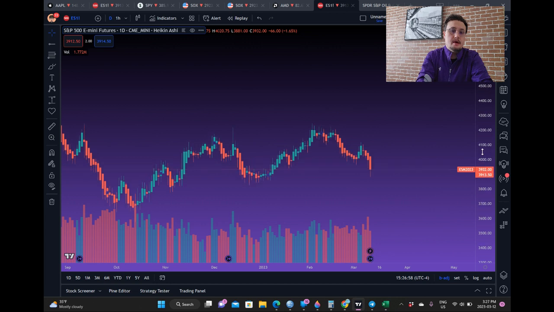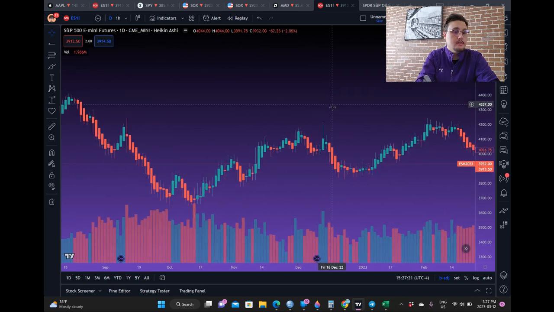Now, if you remember in the previous video, this is a really important point when you're applying this practice. Remember that the start of an uptrend is two flat bottom bullish candles, and that would mark the start of your uptrend, or two flat top bearish candles.